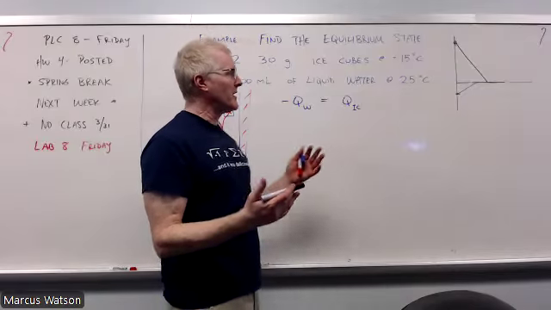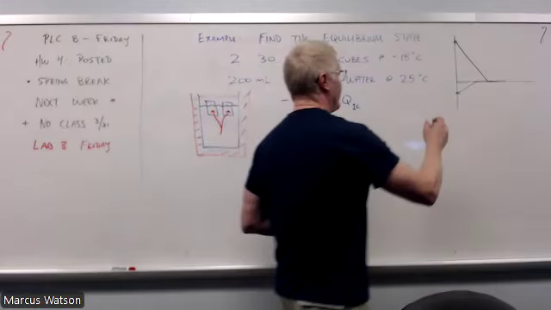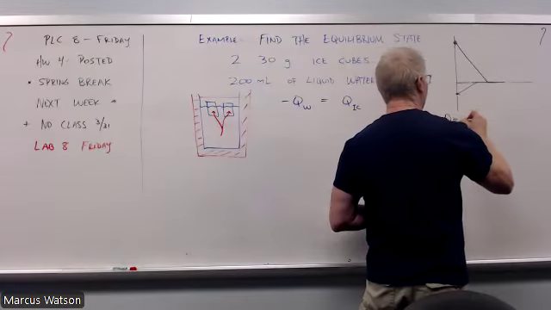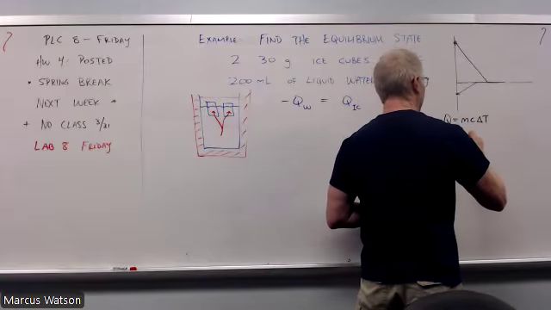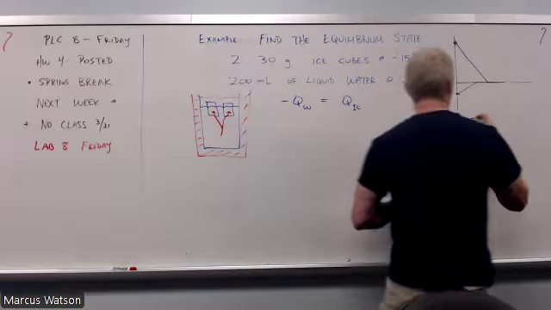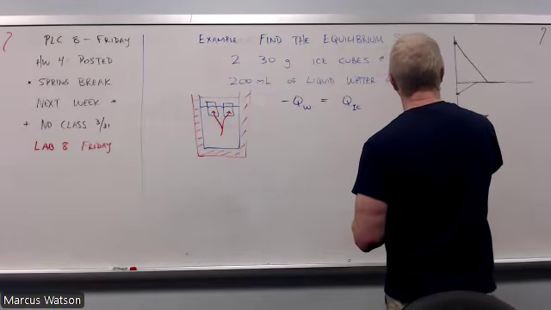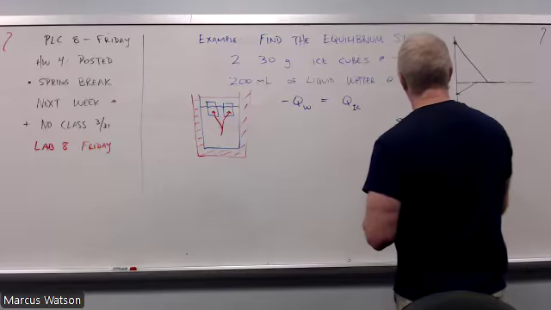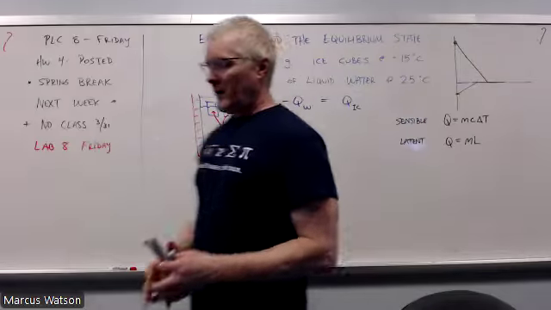We do know that when we have a sensible heat, we have M, C, and delta T, and when we have latent heat, we have M times L. So sensible and latent, or if you like, specific.